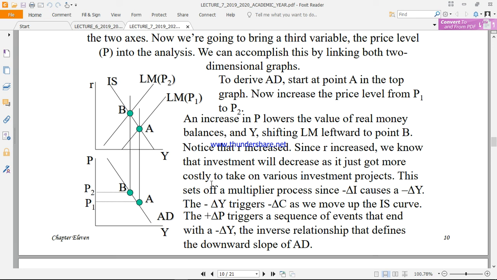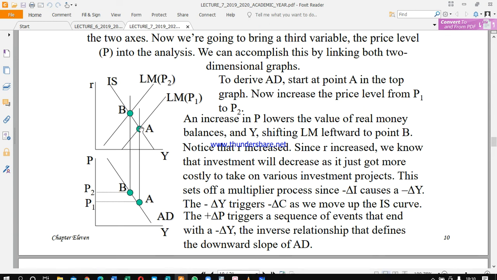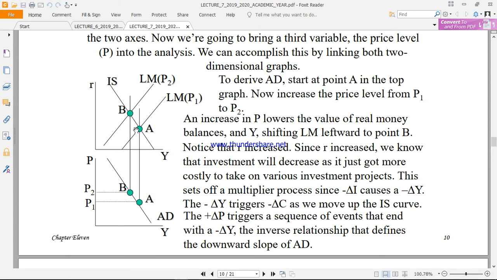Let me remove the word inflation. Because of an increase in the price level, your purchasing power has reduced. Now that your purchasing power has reduced, it's more like the cost of living has increased. So because of that, the rate of interest is going to respond by increasing, as we are seeing here. So the rate of interest is going to increase from that level to that level.